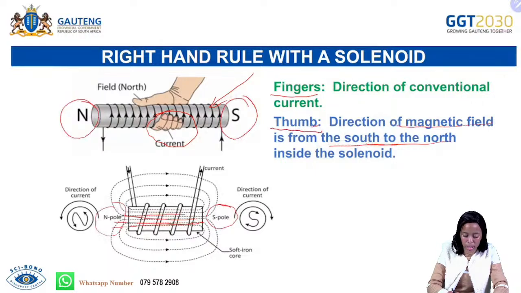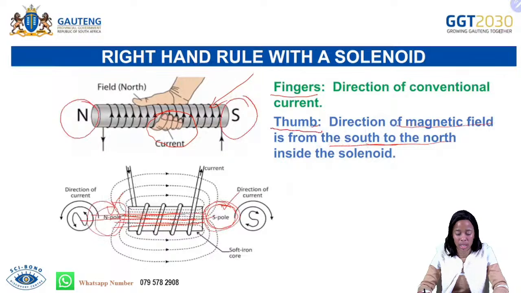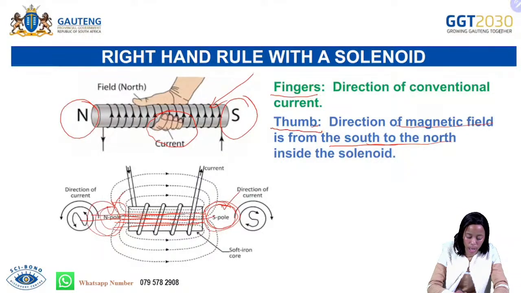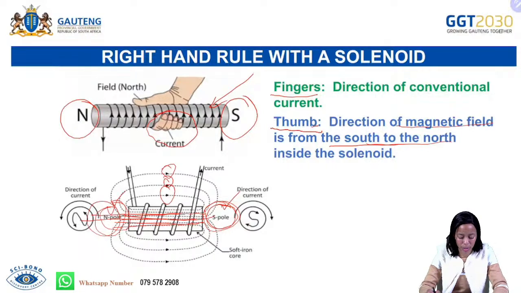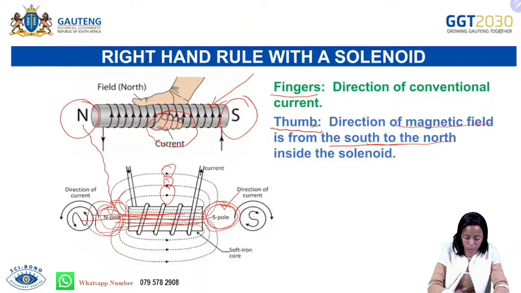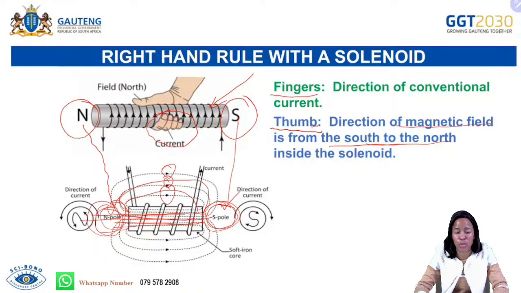So inside the coil, the magnetic field lines are going to be moving from the right-hand side, which is the South Pole, to the left-hand side, which is the North Pole. But outside of the coil, the magnetic field lines are moving from the North Pole to the South Pole.